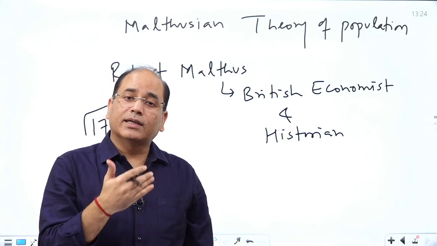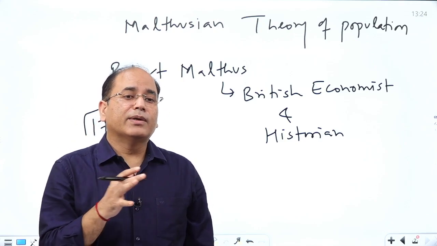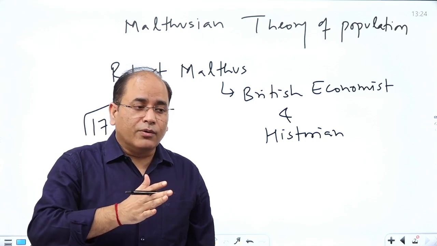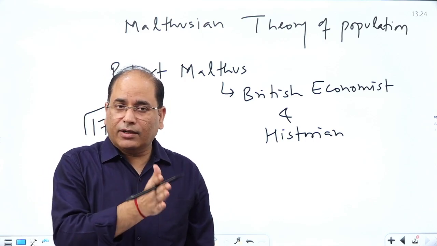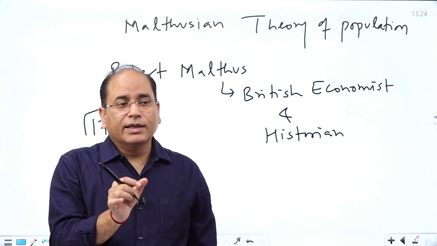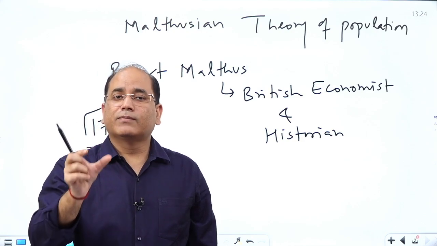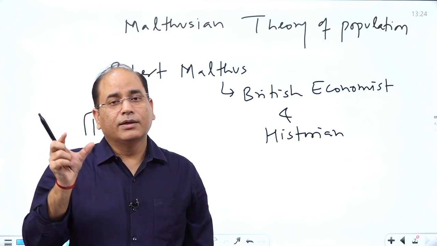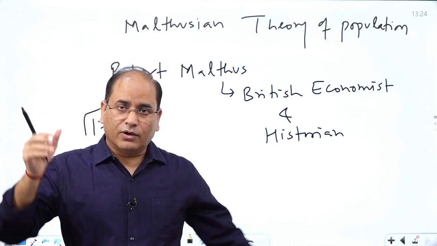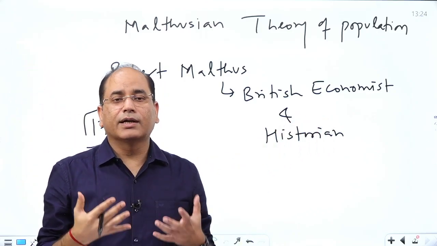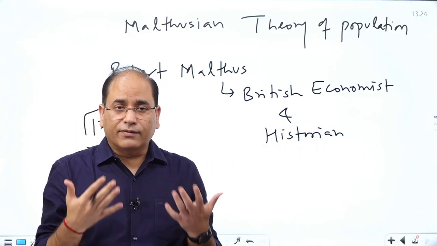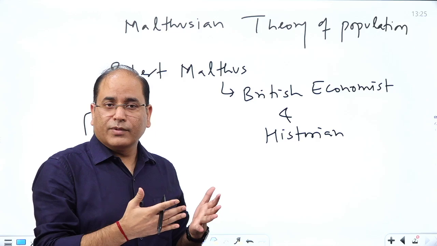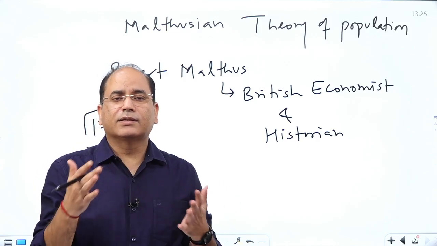It was Trewartha who is considered to have given this topic orientation, and in fact later on, because of his effort only, it has been included as one of the important chapters of the geography discipline. So population was included in the geography discipline as demography with the effort of Trewartha and other scholars.